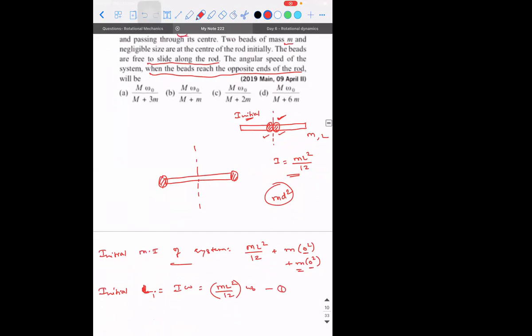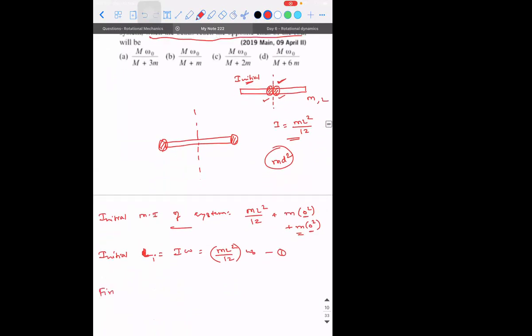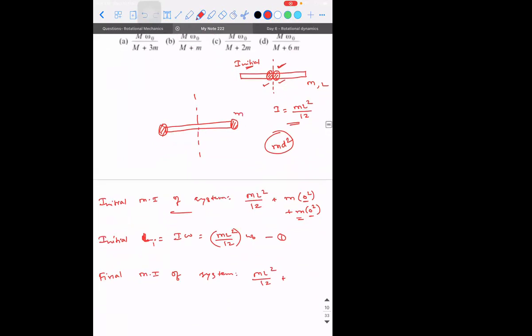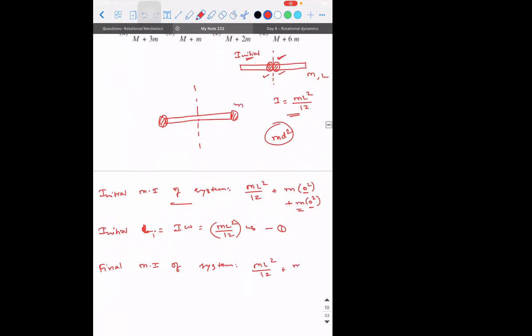So what is the final moment of inertia of the system? Now you guys tell me. It is ml square by 12 plus ml square. It is because m into L square by, see, this is how much distance, guys? L by 2.